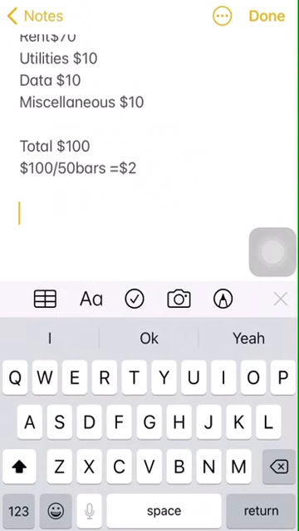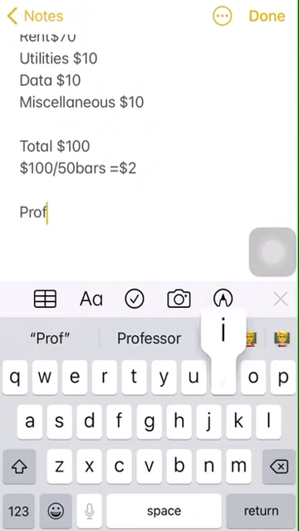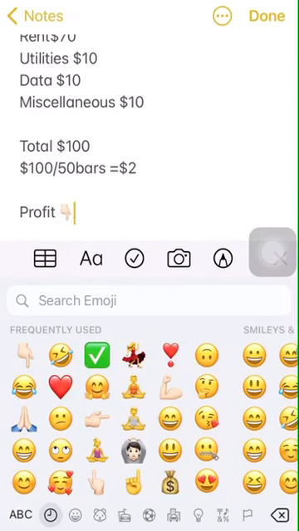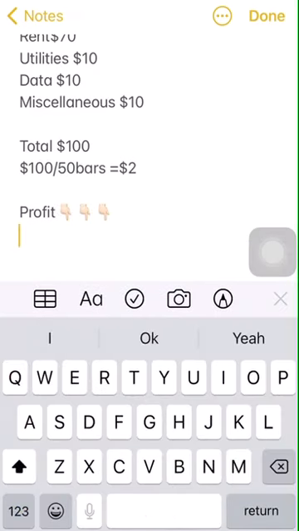Then let's come to profits. So now this profit is something that you come up with, you do it on your own. Just like I said, maybe your environment, and a lot of other factors come into play.